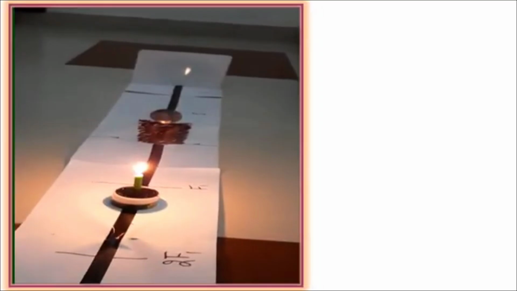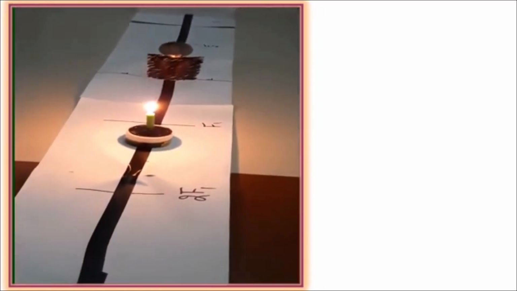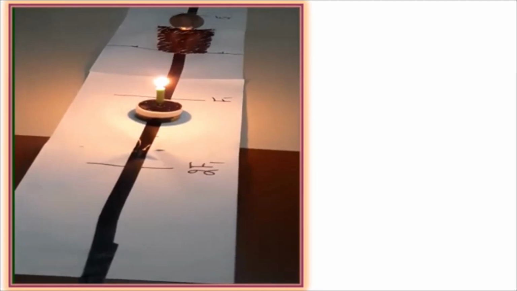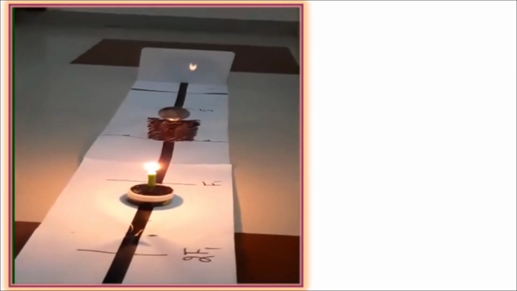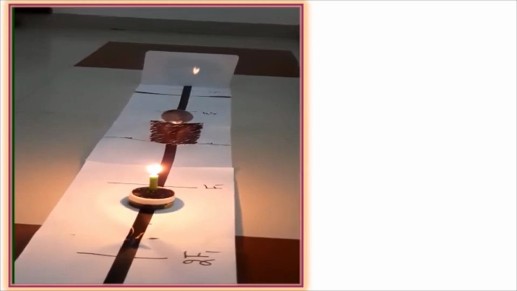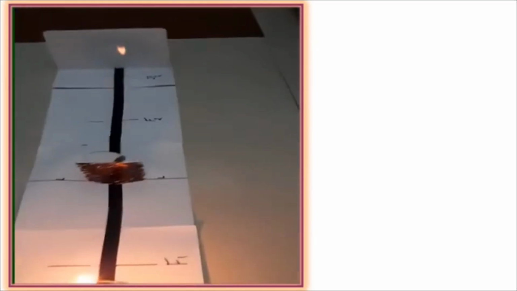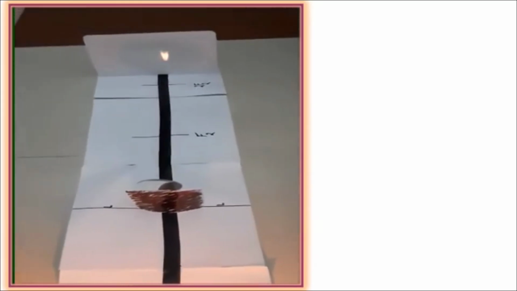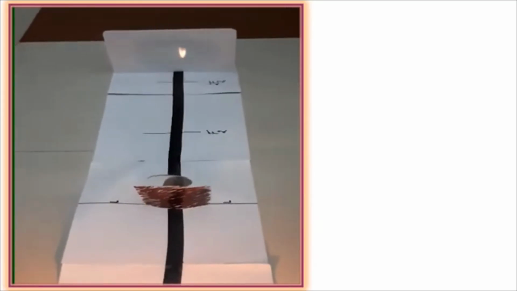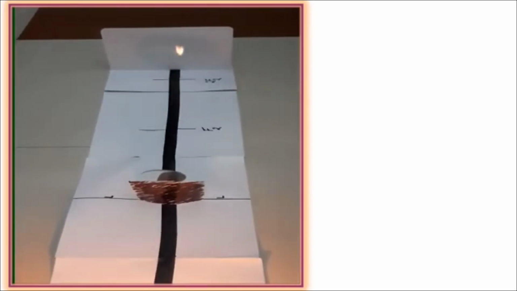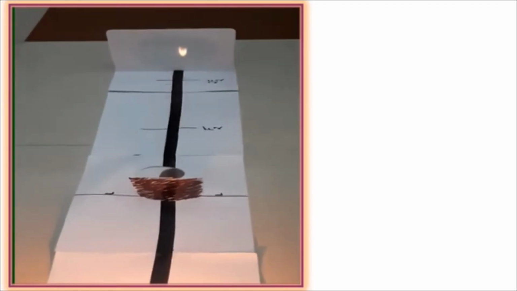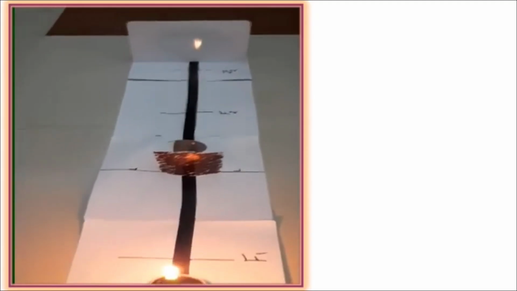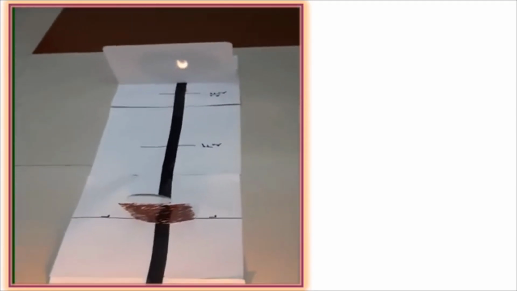Now I have shifted our object, that is the candle, between f1 and 2f1, as you can see. Now the object is placed between f1 and 2f1, and we see that an enlarged real and inverted image is being formed on the screen. See, the image of the candle flame here is larger than the actual candle flame. It is real, because it is being obtained on the screen obviously, and it is inverted, and it is being formed beyond 2f2, as you can see, after 2f2.